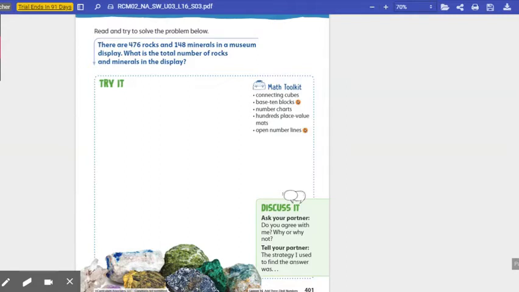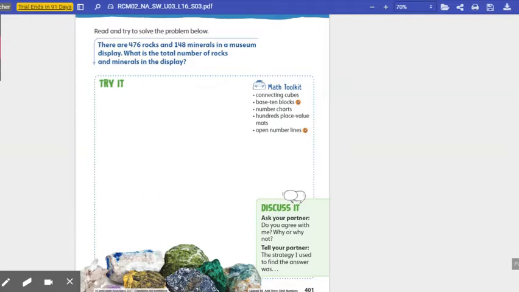It's important to know how many rocks there are, and it's important to know how many minerals there are. Now, this problem is giving us the parts and wanting us to find the whole, that whole total. So rocks and minerals together would create the total number displayed at the museum.